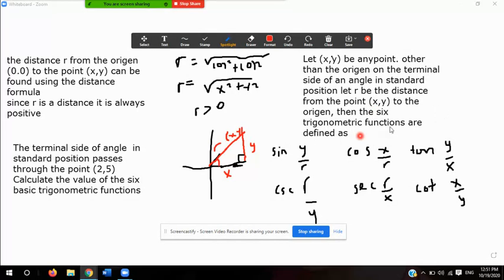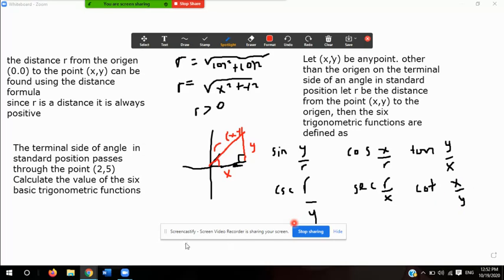Then the six basic trigonometric functions can be defined as: sine of z is y over r, cosine of z is x over r, tangent of z is y over x, cosecant of z is r over y, secant of z is r over x, and cotangent of z is x over y.